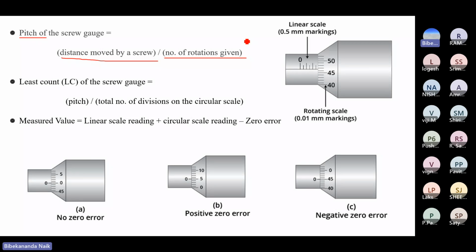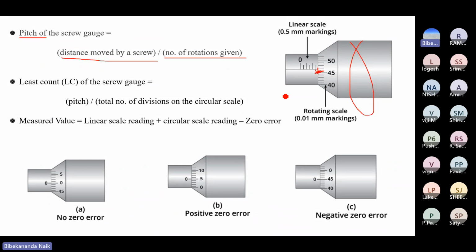Suppose the main scale reading is somewhere here, but after one complete rotation it comes to here. The distance between these two lines gives the pitch of the screw, that is, how much it proceeds on the main scale after one complete rotation.